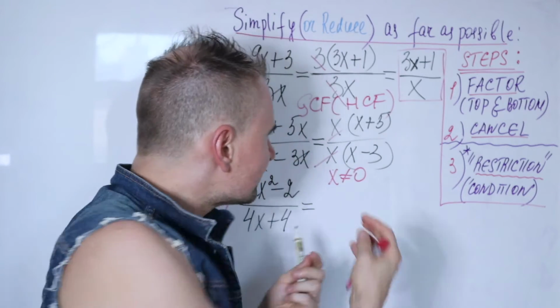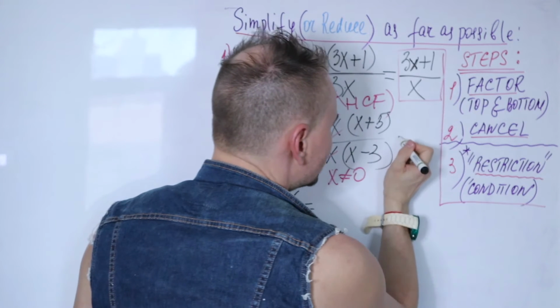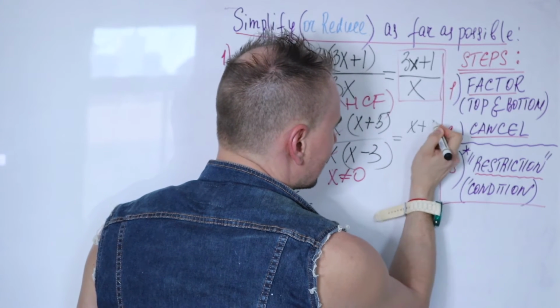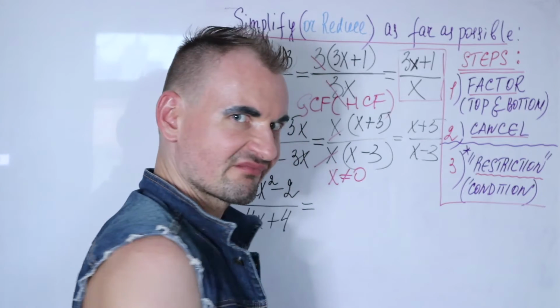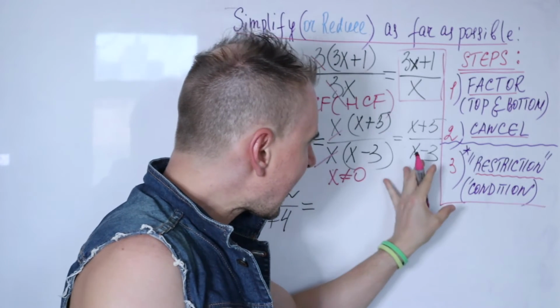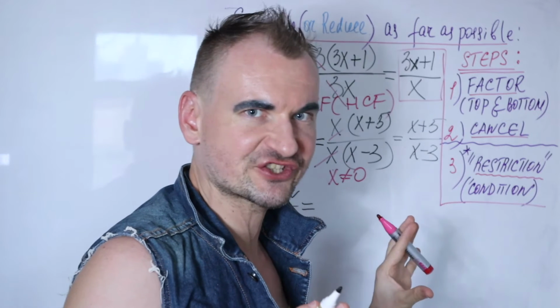So after we cancel x, we would have just x plus 5 on top and x minus 3 on the bottom. At this stage, there is no x.